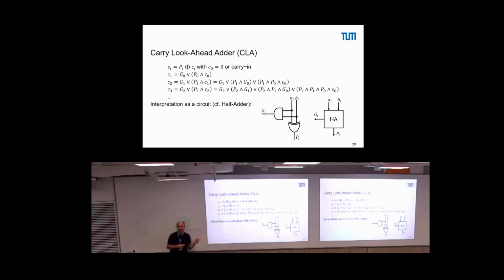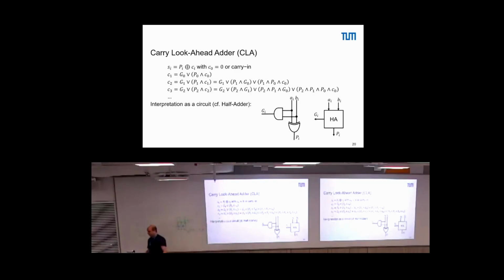So now we have a definition of how to come from some generates and propagates to the carry bits. This describes effectively our carry chain. We have an equation that describes how we come from a specific carry bit and a propagate to the sum bit. And we have a definition of how G0 and P0 have to be derived from the inputs.